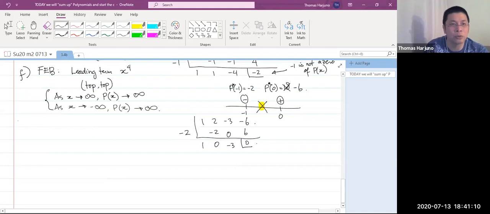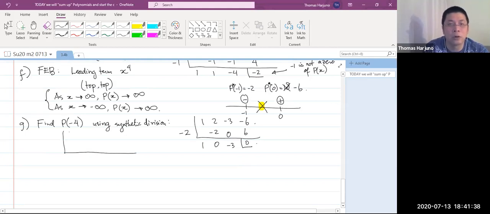I may ask you for some strange reason to find P of negative 4 by using synthetic division. Basically I use the remainder theorem.